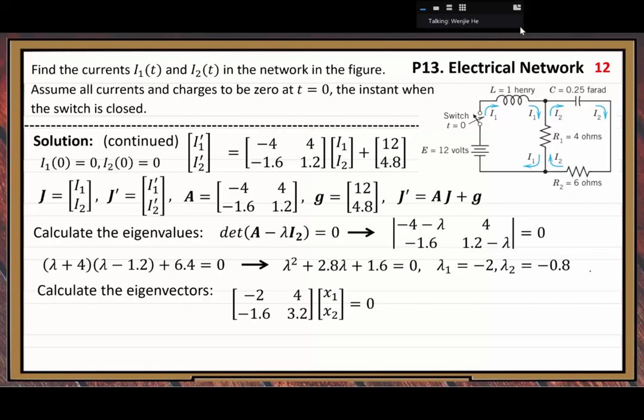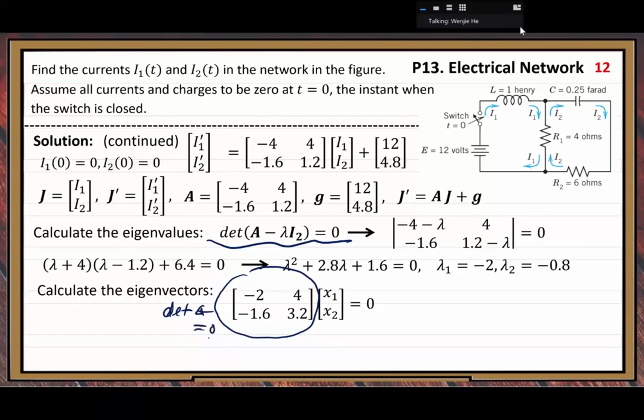Because for the eigenvalue, we know the determinant of this matrix is 0. When we calculate, remember this equation. You plug in eigenvalue 1, and the determinant of that whole matrix equals 0.